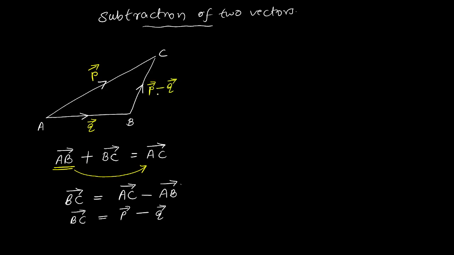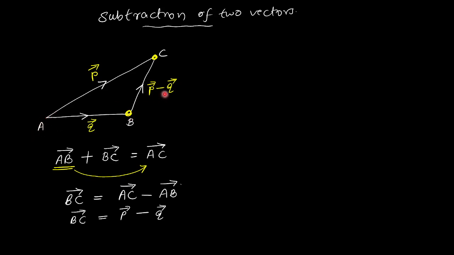How to understand that? From this example, what is our conclusion? What is the meaning of P minus Q? P is the vector reaching the final point, and Q is the vector reaching the initial point, from the common point.